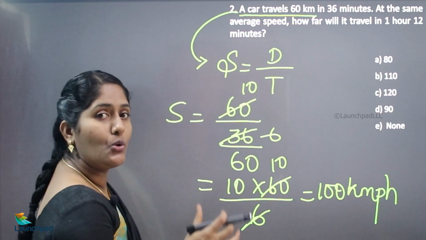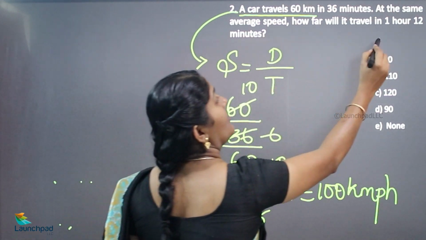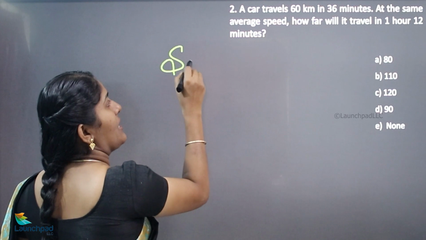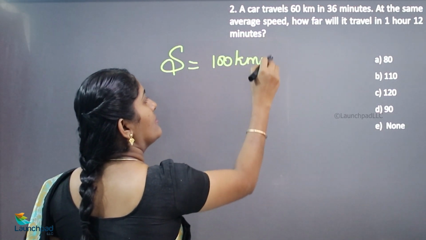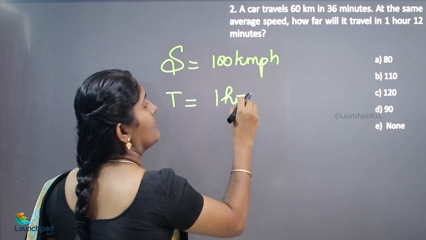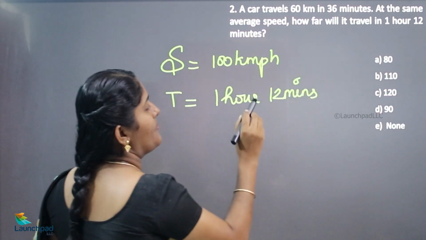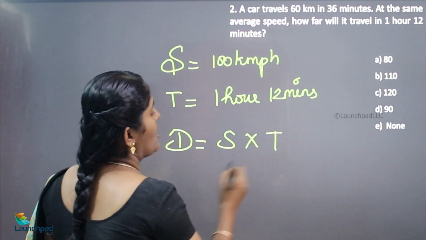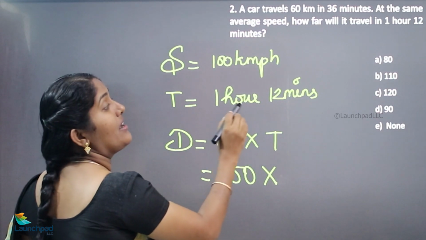Now, the car is moving at the same speed. How much distance does it cover in 1 hour 12 minutes? So the speed of the car is 100 km per hour, and the time taken is 1 hour 12 minutes. Now, distance is equivalent to speed into time. What is the speed here? 100. What is the time taken here? 1 hour 12 minutes.